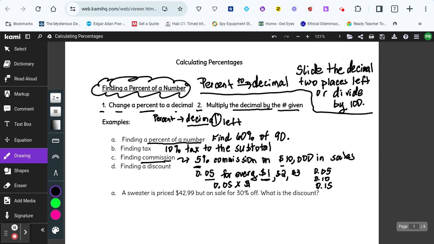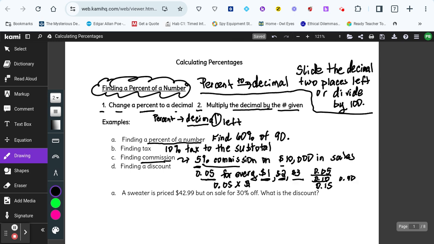So like right here, if you sell $1 worth of material, you get to keep 5 cents and the company gets to keep 95. If you sell $2 with a 5% commission, you get to keep 10 cents and the company keeps $1.90.